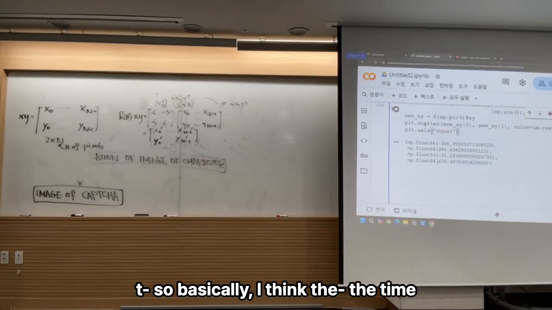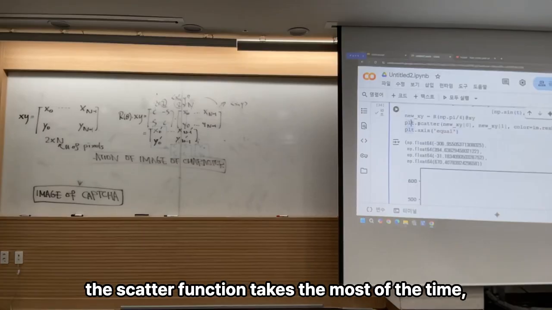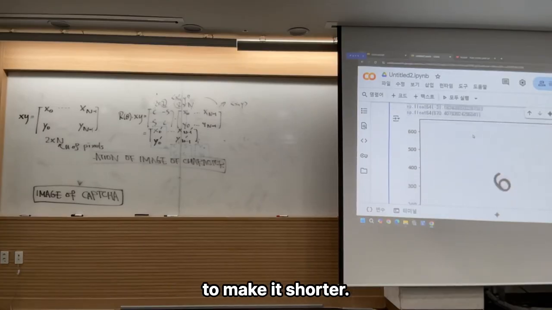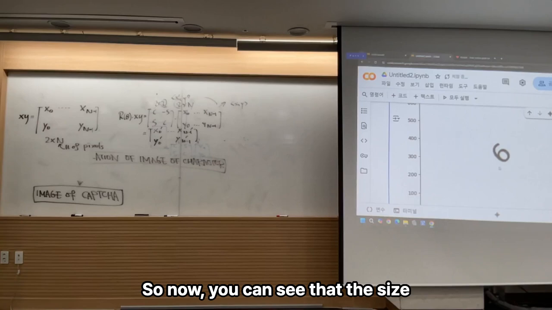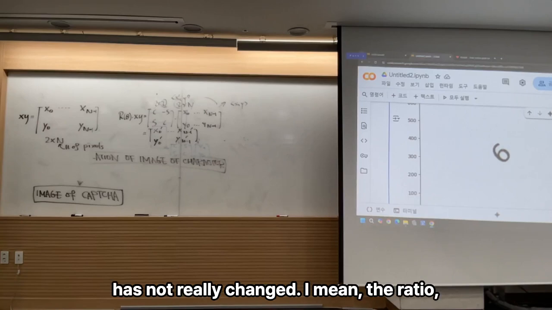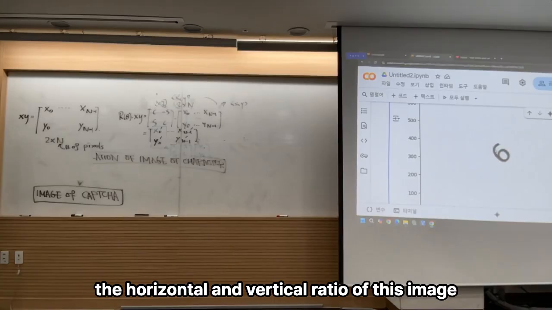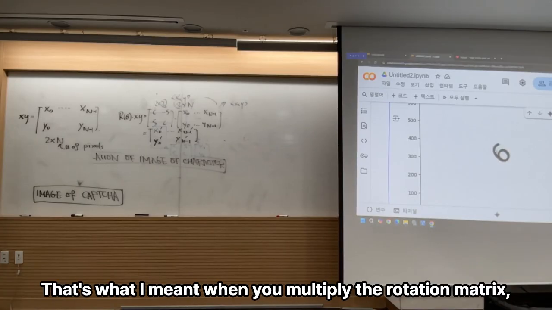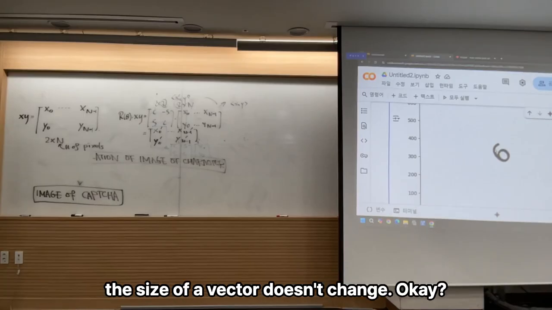So basically, I think the scatter function takes most of the time. I will give you ways to make it shorter. So now you can see that the size is not really changed. I mean, the horizontal and vertical ratio of this image is not changed. It only rotated. That's what I meant when you multiply the rotation matrix, the size of a vector doesn't change.